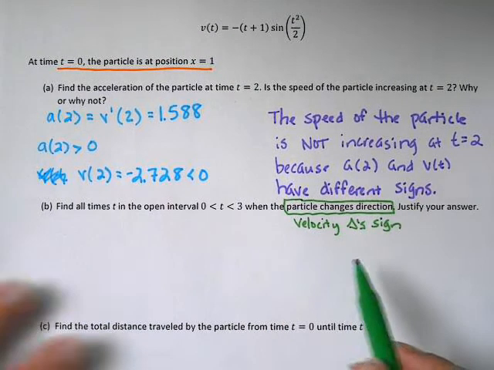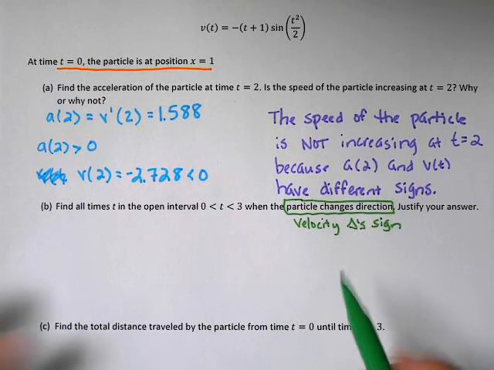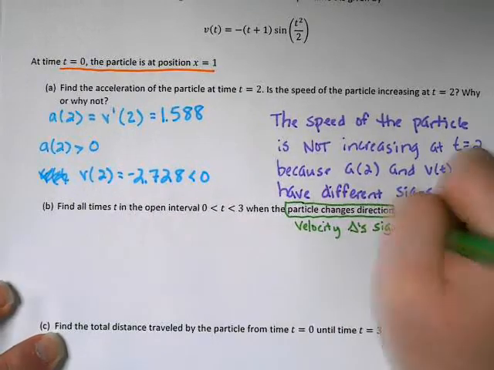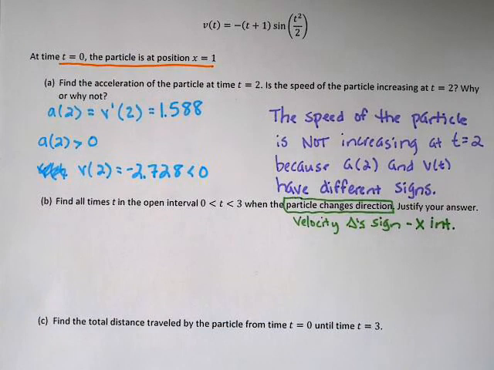Because we know that if the velocity is positive, we're moving to the right. If the velocity is negative, we're moving to the left. So we're looking for where the velocity changes sign, which really means we're looking for x-intercepts, because that's when the velocity is equal to 0, and then we want to see if it crosses the x-axis.